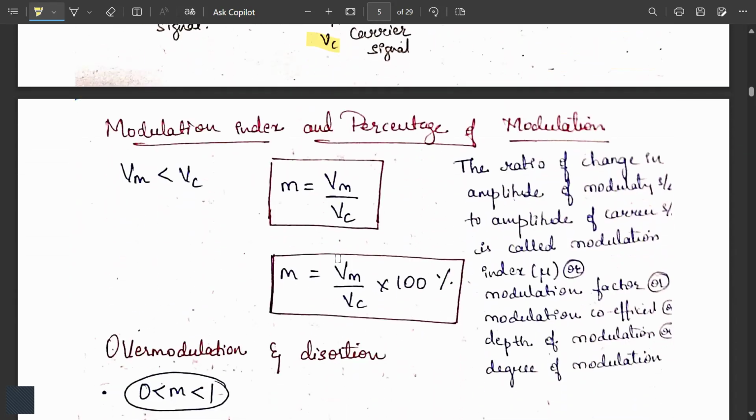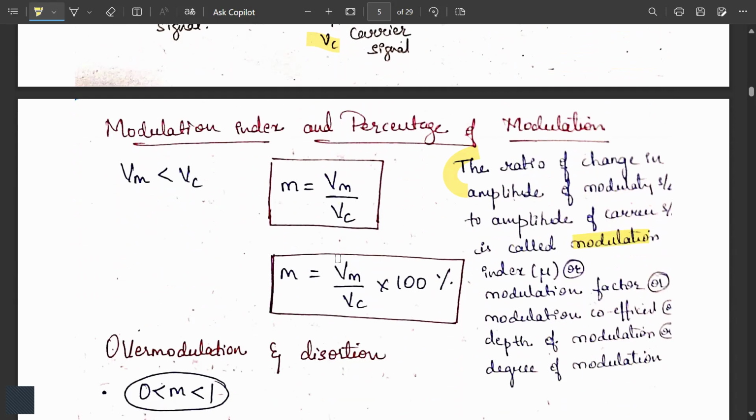Next is the main concept, which is important for your exam. They'll ask you to explain the modulation index and the percentage of modulation. Either they may ask you a problem or to explain. So if they ask to explain, first write the definition, that is the ratio of the change in the amplitude of the modulating signal to the carrier signal is called the modulation index.